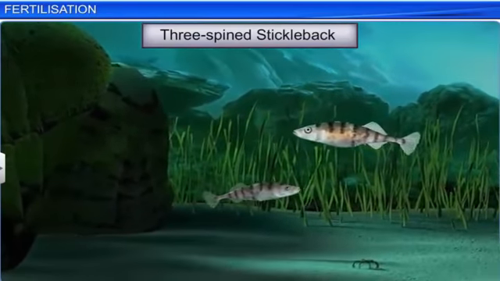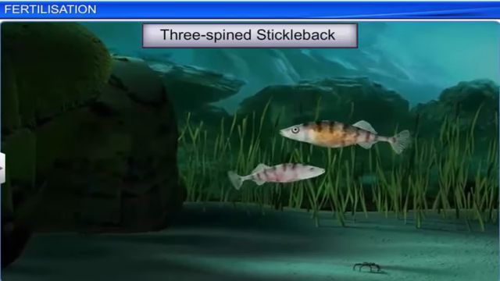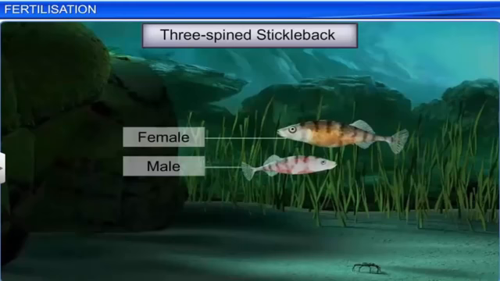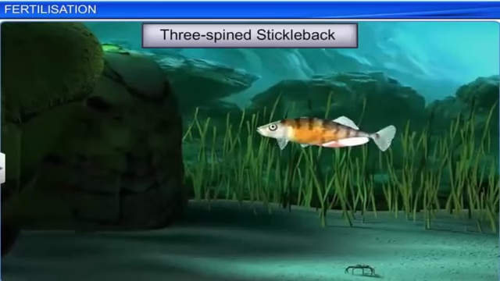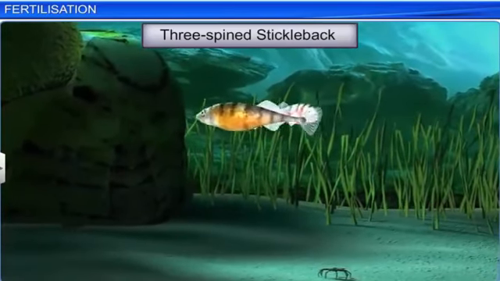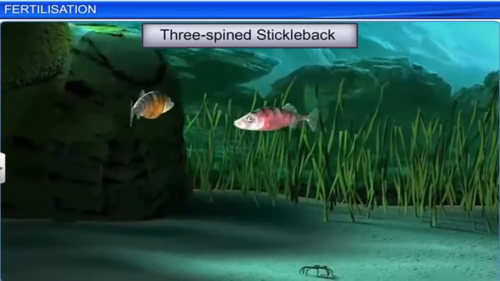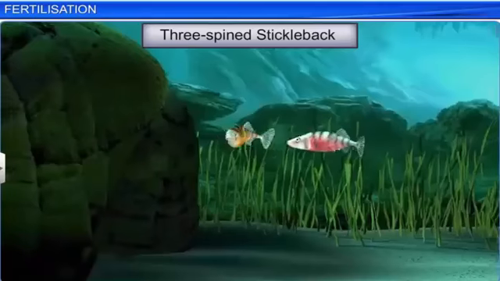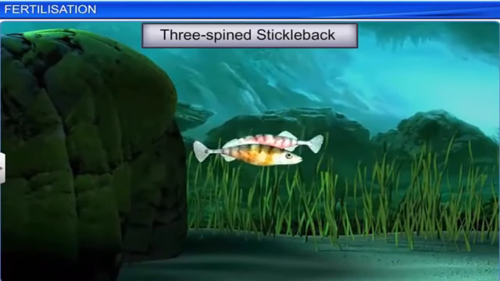However, during the breeding season, the belly in the male changes to bright red, and in females, pale yellow. Such changes occur synchronously, which ensures successful mating as well as perfect timing during the release of gametes. This enhances the chances of successful fertilization.